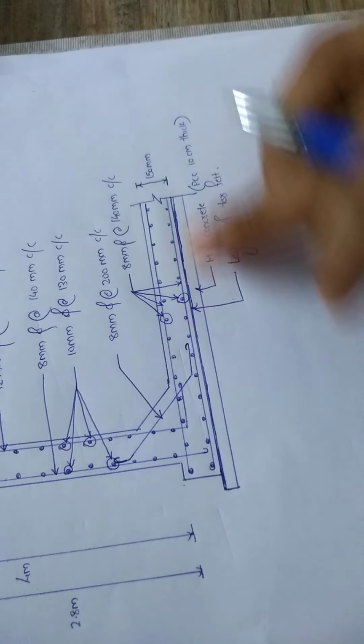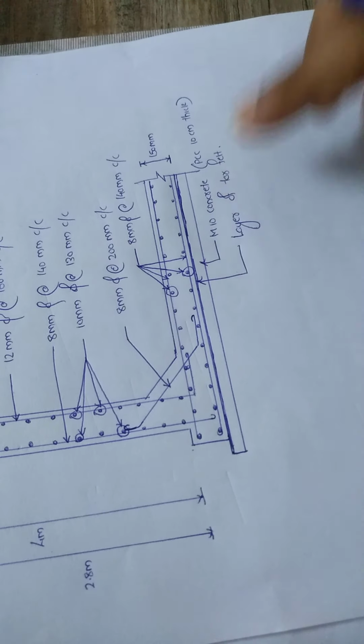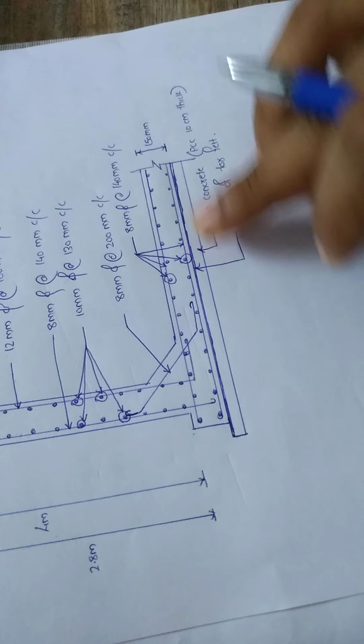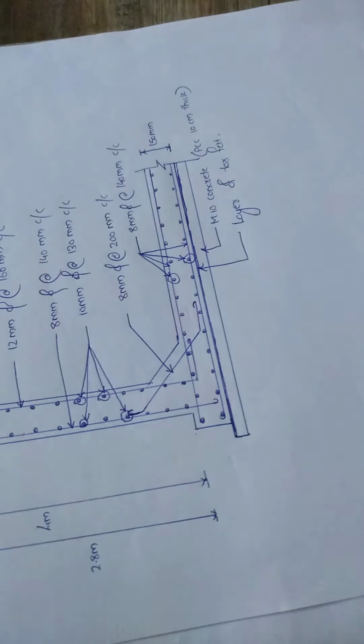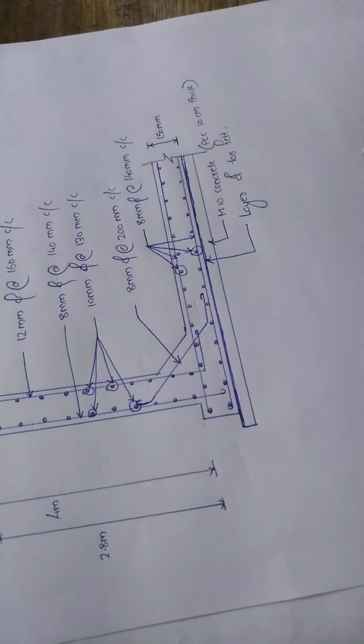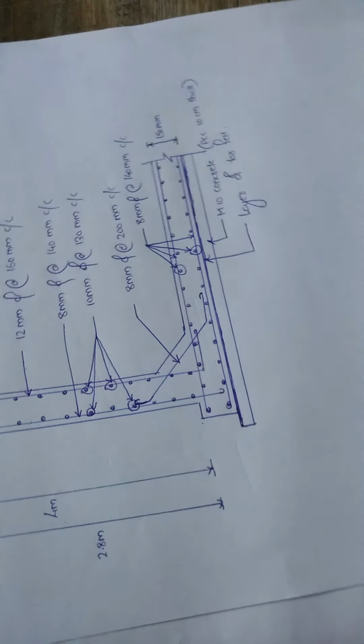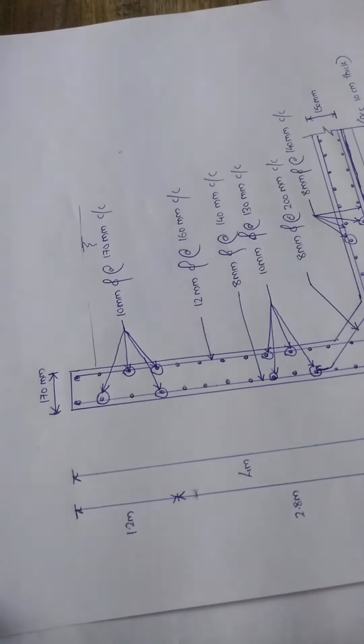Okay, this is given over a PCC layer of M10 concrete, and a layer of tar felt is provided in between for a separation between the lean concrete mix and the base slab. Okay, so by this much, this portion is all. Thank you.